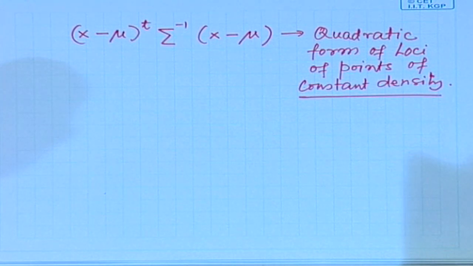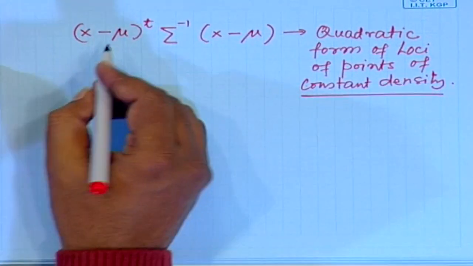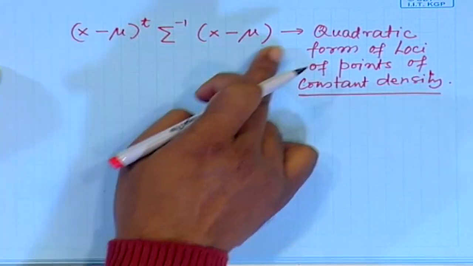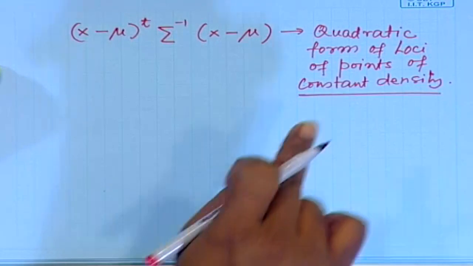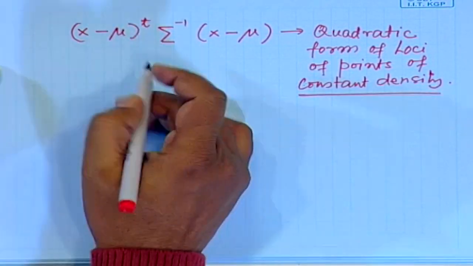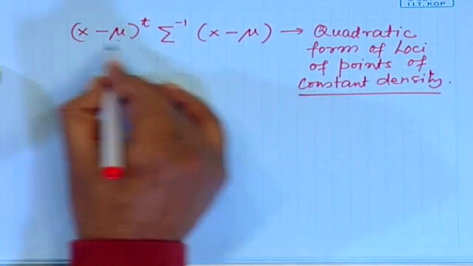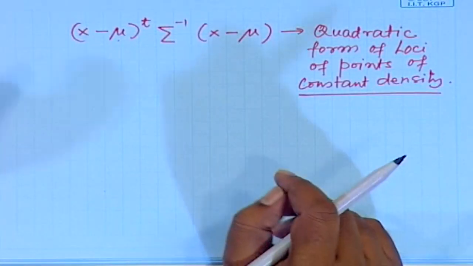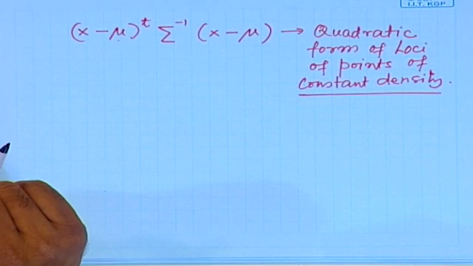Is that okay? And this term, the distance function, is nothing but the value of the distance from the centroid. So mu gives you the center, the centroid, and x is the point lying on the periphery, and this term gives you the distance of x from mu.